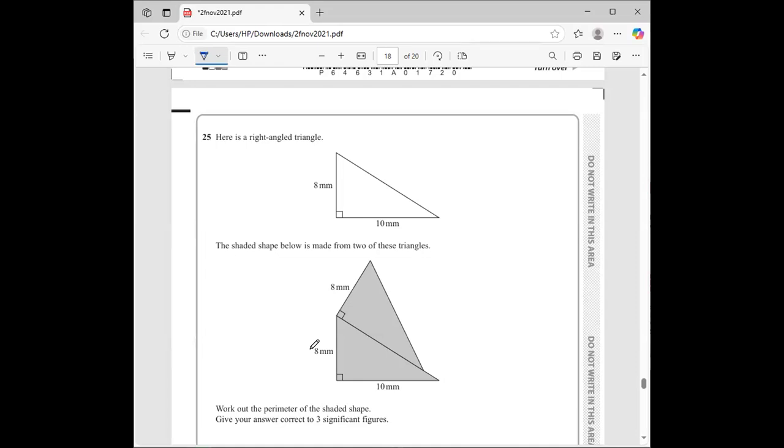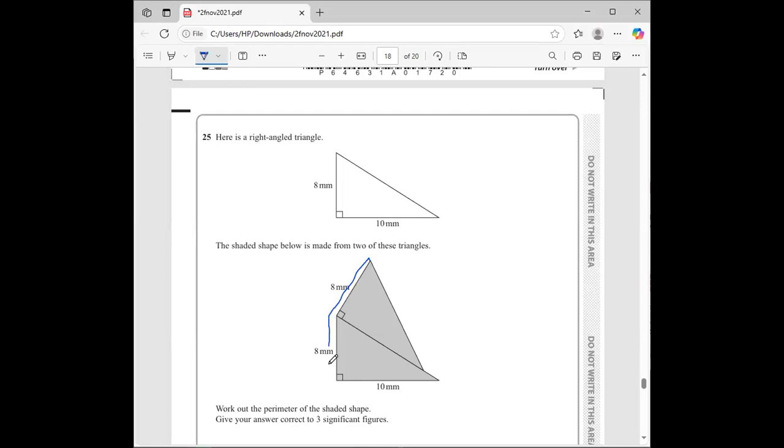Yeah. Now, let me ask you a question. Can you see there's a small issue here? And I'm not too sure if this question took that into perspective. The perimeter of this shape is the whole length from here all the way down to here, all the way down to here.